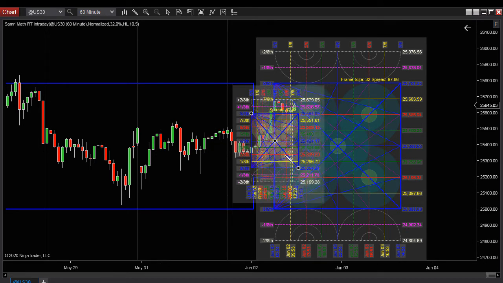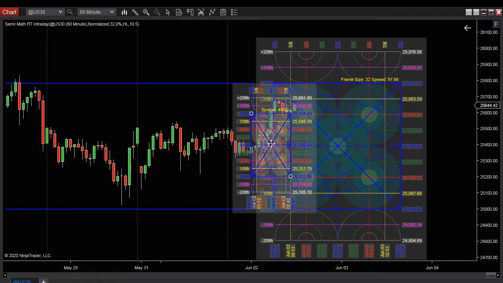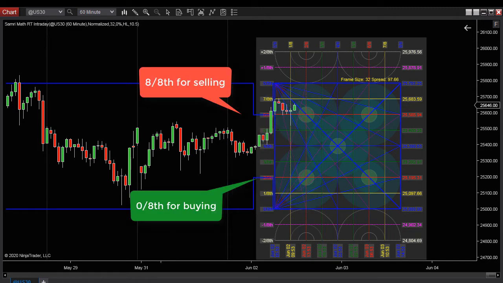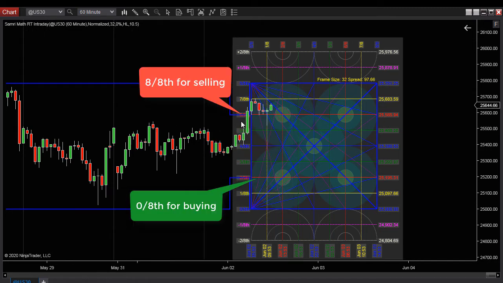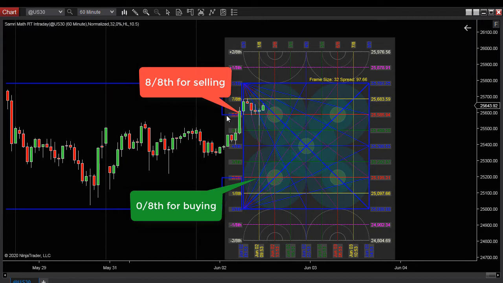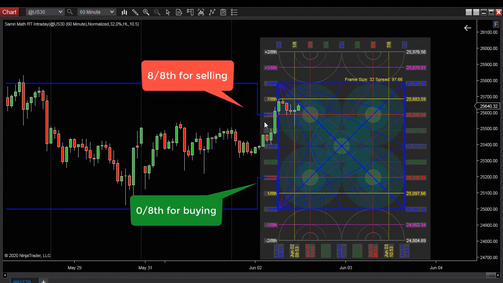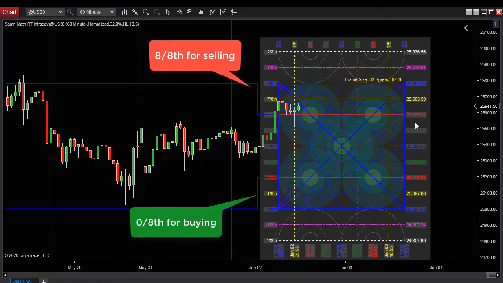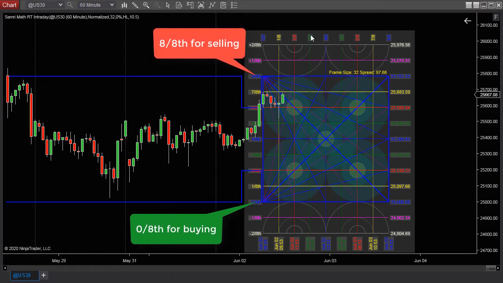It didn't take long before it shifted back to where it should be. So this is where it is now. We have our current trading frame ranging from the 0/8 to the 8/8, and we have a history of where it has been.